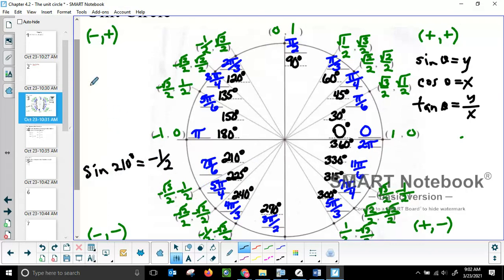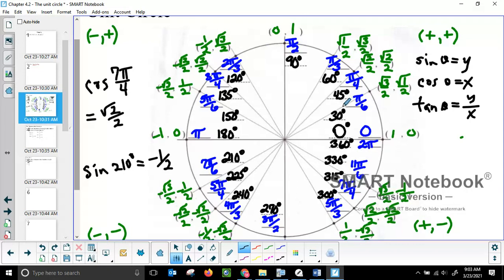So if I ask you, what is the cosine of 7 pi over 4? You come down here to 7 pi over 4. Cosine is my x coordinate. So you'd say, oh, that equals the square root of 2 over 2. Does that make sense?